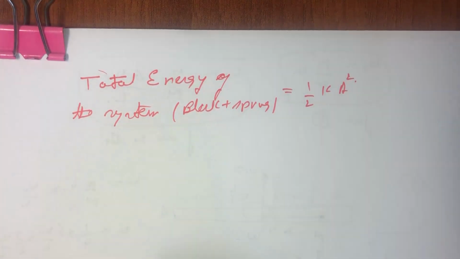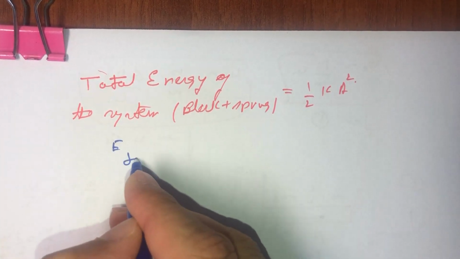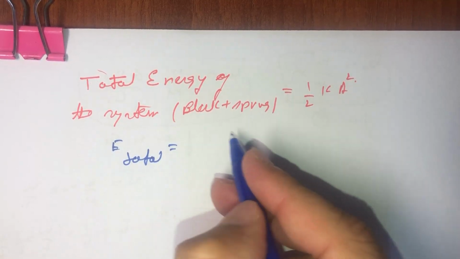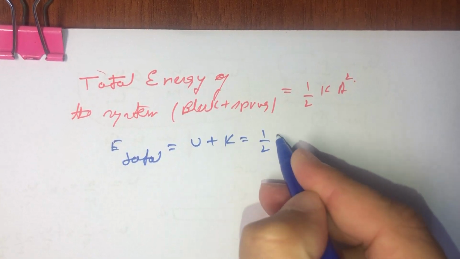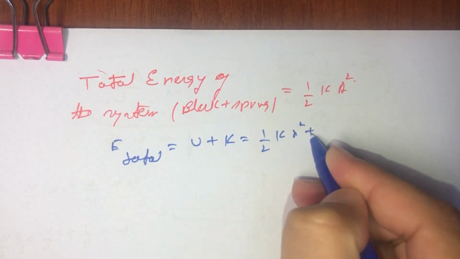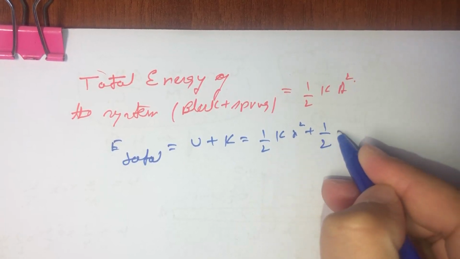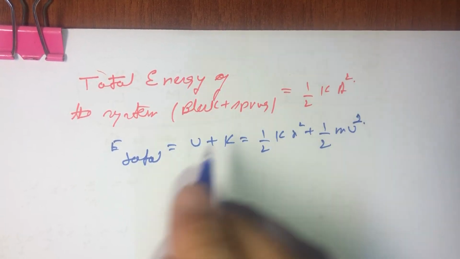So therefore we can write that our E total will be equal to U plus K, and that is equal to half k x square plus half m v square.